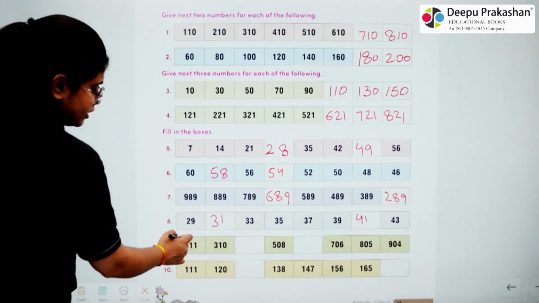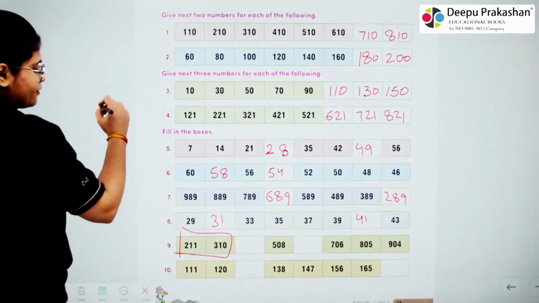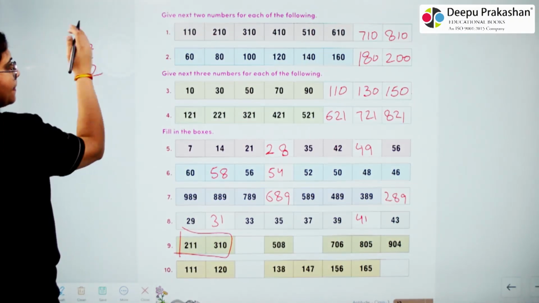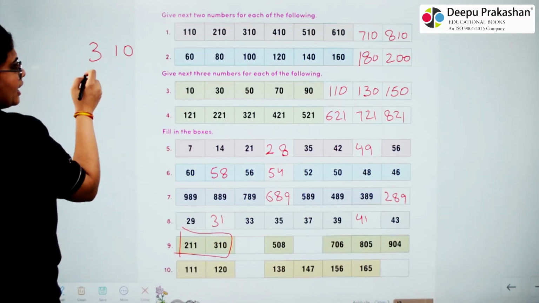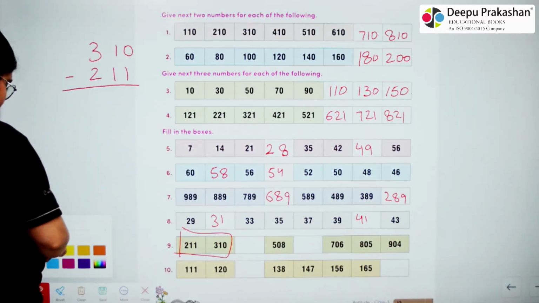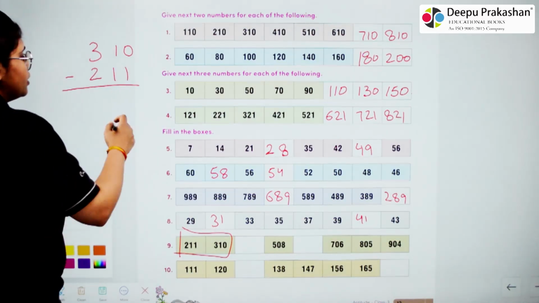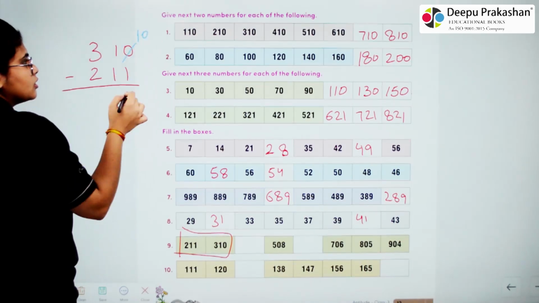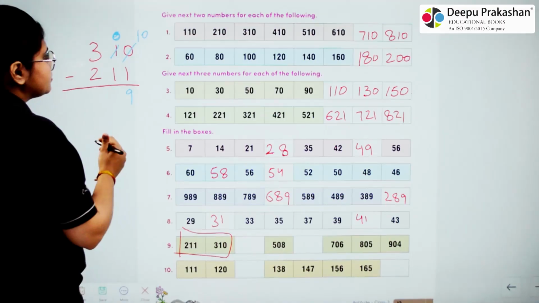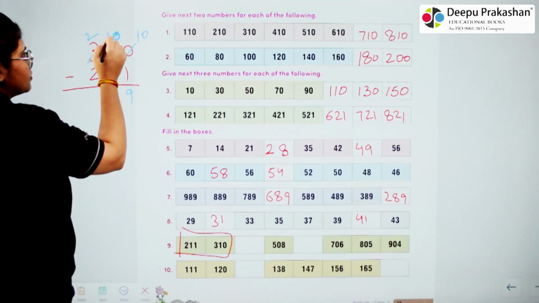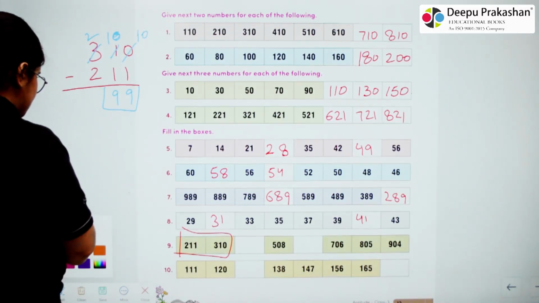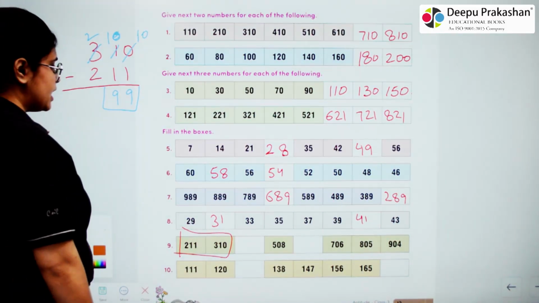If we look at the first two numbers and subtract 211 from 310, we get the answer as 99.